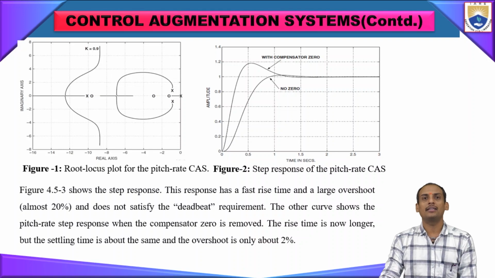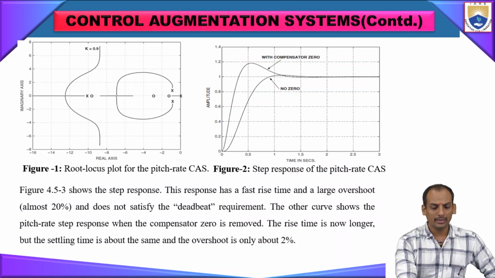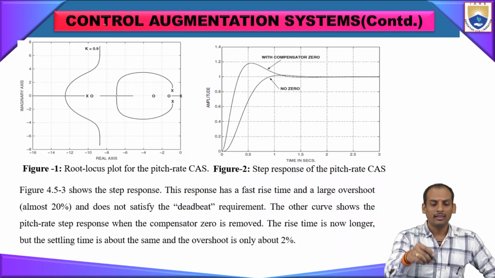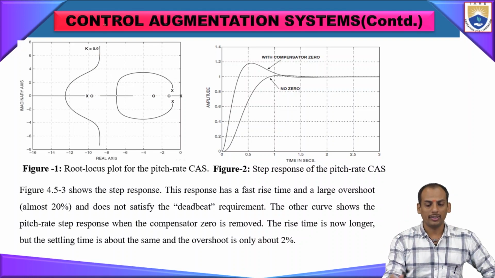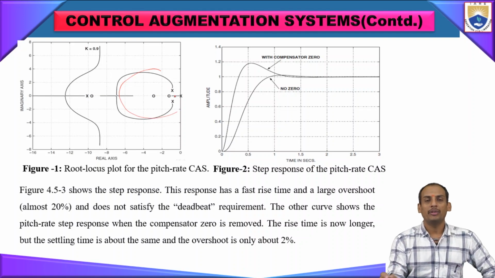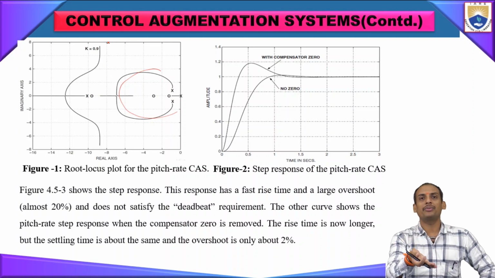If you see figure 1, the root locus plot for pitch CAS, here you see that the root locus plot has been going towards the 0, and it has been somewhat increasing, and then it is going there, and that alpha loop has also been given here. Here the value of K will be 0.9.